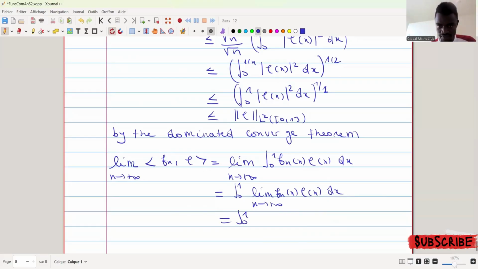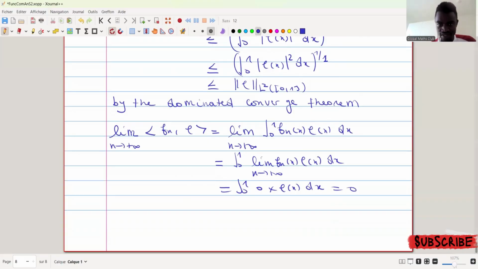Which is what? 0 times this, so which is 0, the inner product between this one and this one.